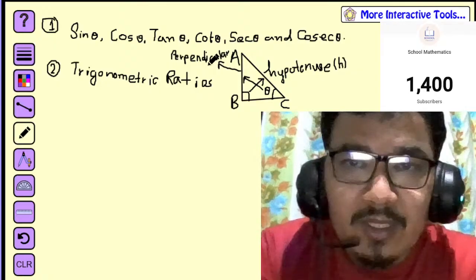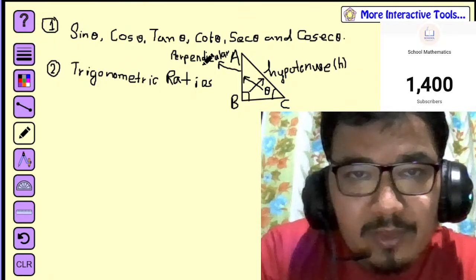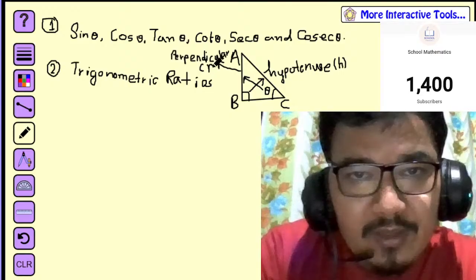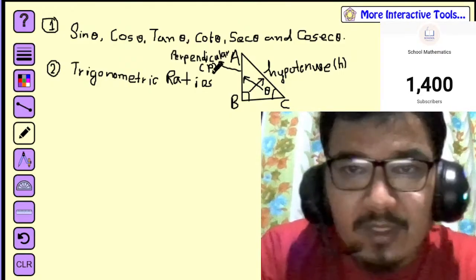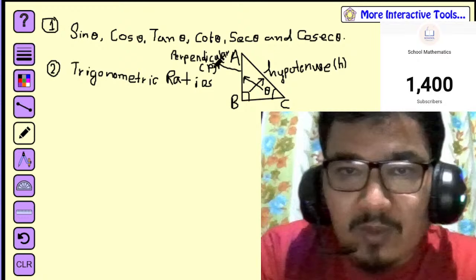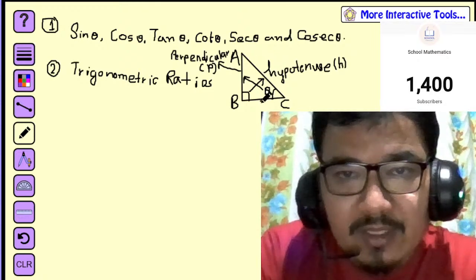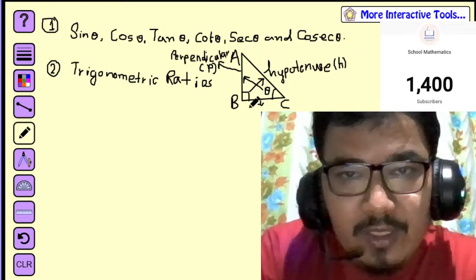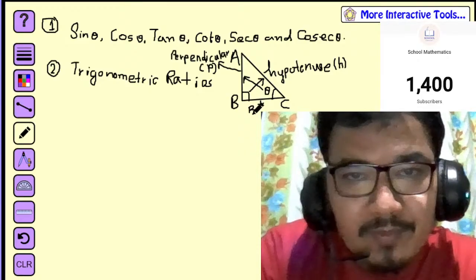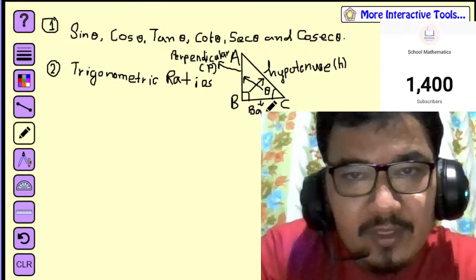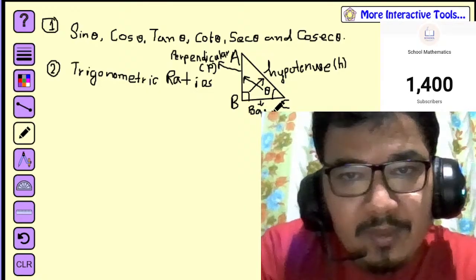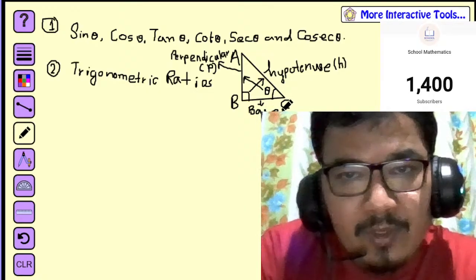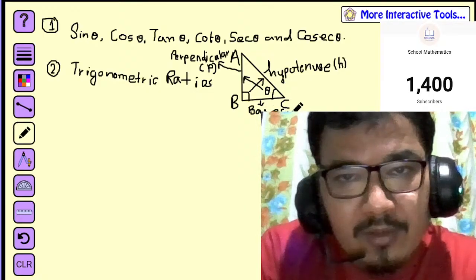This is perpendicular and we denote it by P, okay? This is small p here, right? And if this is perpendicular, this other side is taken as the base, right? We write this as a base. We write it as a base, right? Right here, base, and we denote it by small b here.